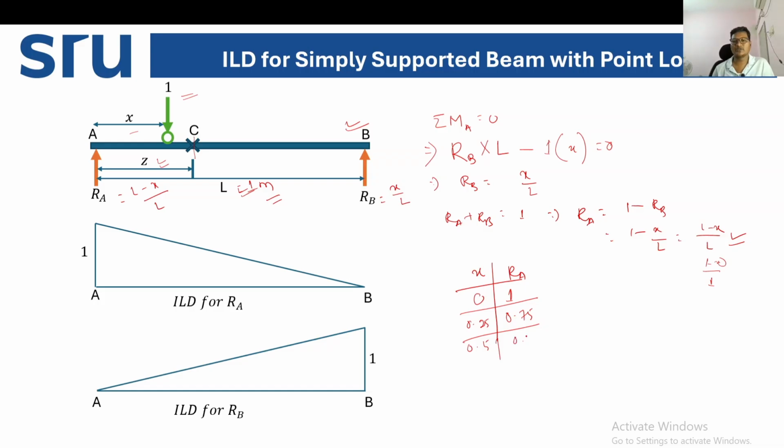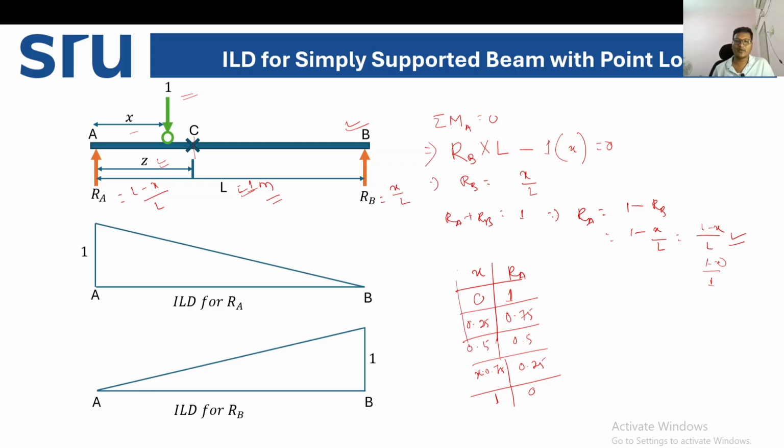So it will also be 0.5. Now put the value X is equal to 0.75. How much will it be? (1 minus 0.75) by 1, so that is 0.25. Now X is equal to 1. So what will be the value of reaction at A? 1 minus 1, that is 0.